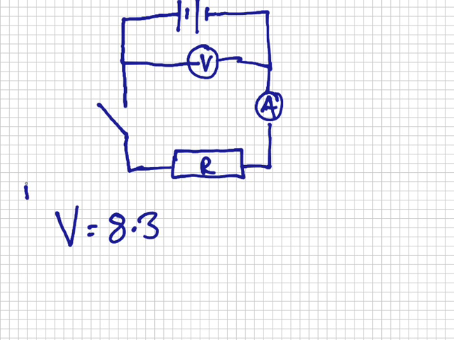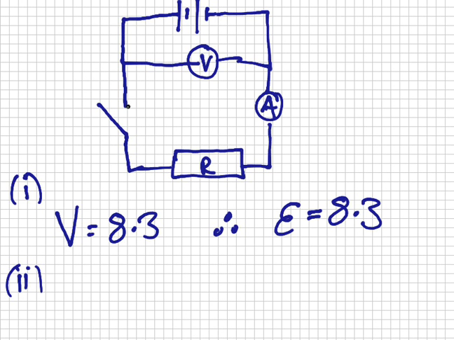This is part 1. So therefore, the battery voltage is 8.3. Now what do we want in part 2? Is the big resistance, isn't it? Yeah, okay, so part 2.